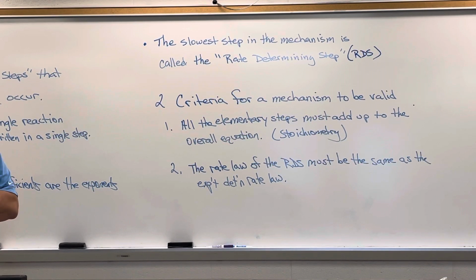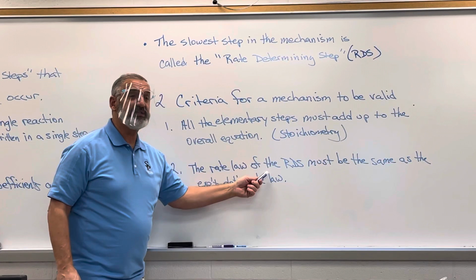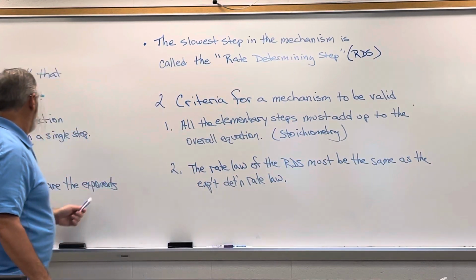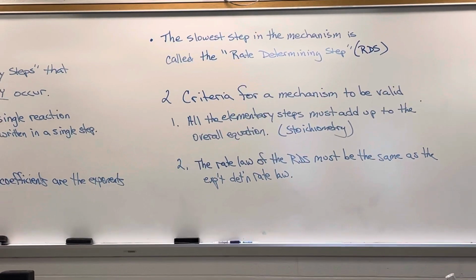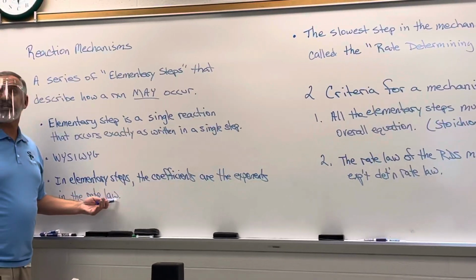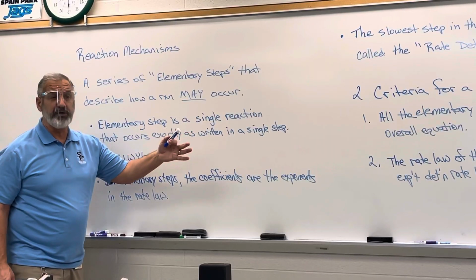So we figure that out first. The rate law of the rate determining step has to match that, and we can use the coefficients in that rate determining step to determine what the exponents are. So the exponents in this have to match what we figured before.